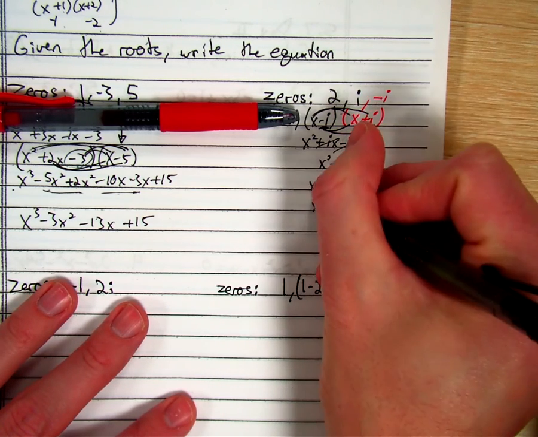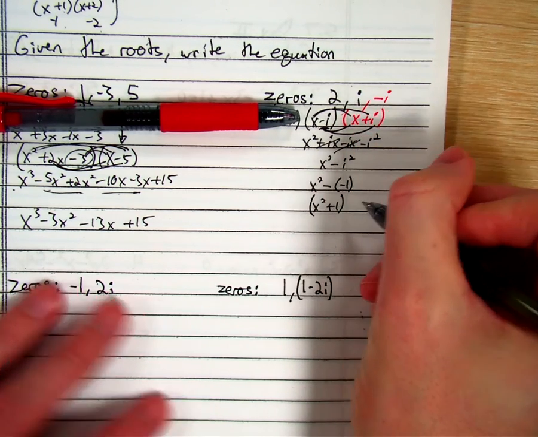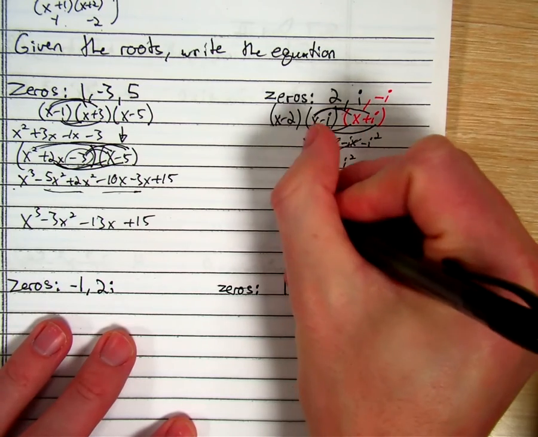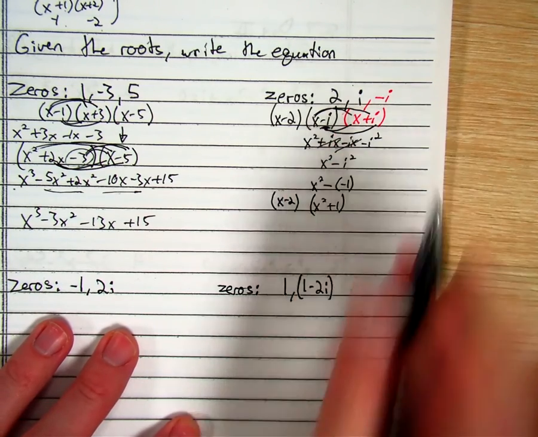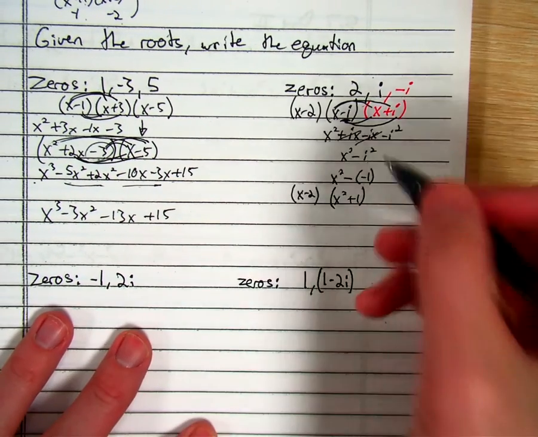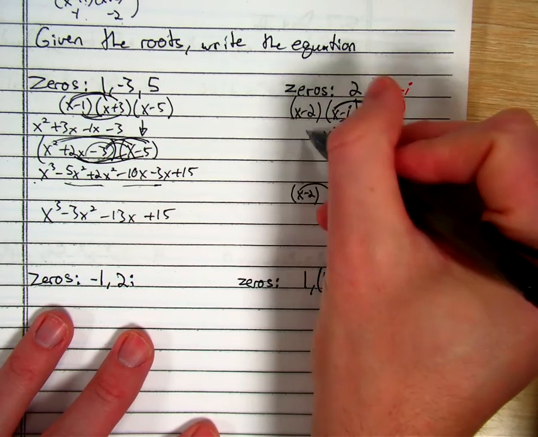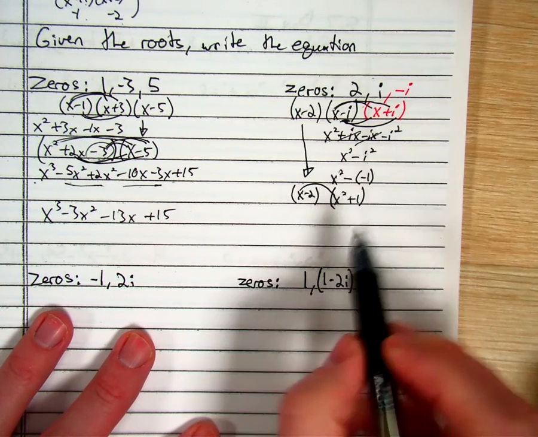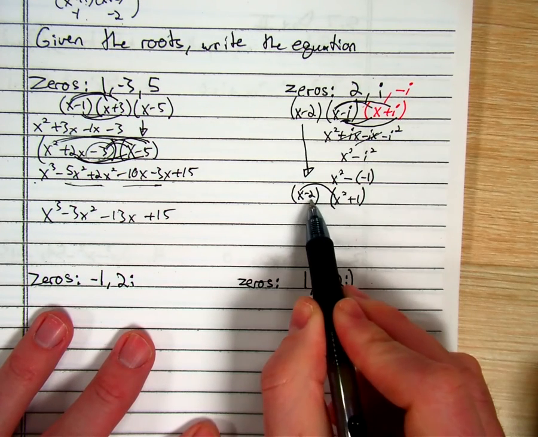Okay, let's put them together, and we'll multiply x minus 2. Oh yeah, let's bring this down. Don't forget about him. x minus 2 times x squared plus 1.